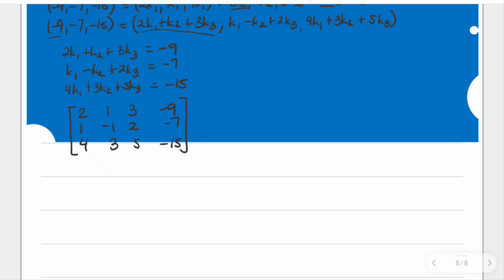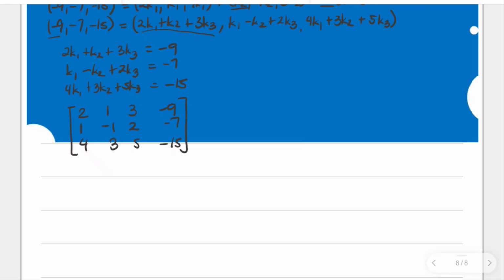We are going to use Gauss-Jordan elimination, or in short, come up with the equivalent reduced row echelon form of this, to see if we can find exact values for k sub 1, k sub 2, k sub 3. If they do exist, we can decide that the vector -9, -7, -15 is a linear combination of vectors u, v, and w.